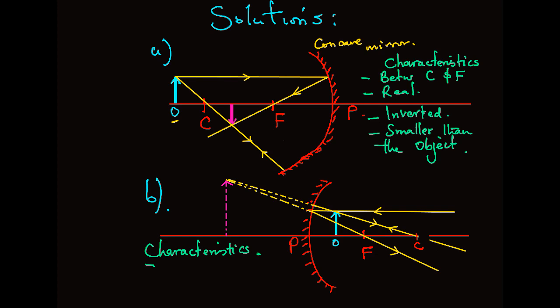The image is behind the mirror. The image is virtual. And all these characteristics can be observed. It is upright or erect. And the image is also enlarged. It is bigger than the object.